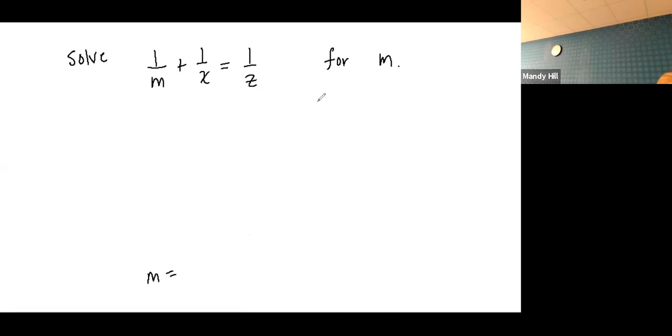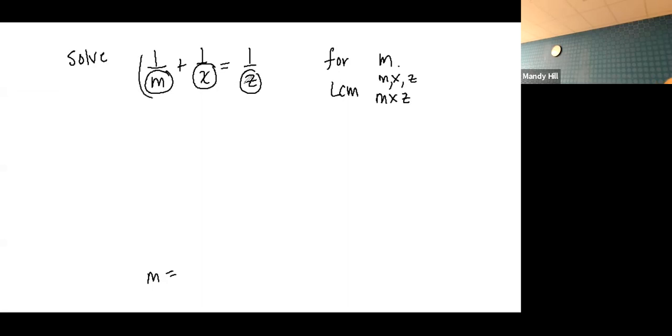I could clear out the fractions if I multiplied by our least common multiple. If we look at our bottom terms here, we have an m, an x, and a z. And I really don't want to have to deal with fractions. That might have been a good thing to do with the other problem as well. If I look for the least common multiple among these x, m, and z, then my least common multiple would be m times x times z, because I'd have to list all three of them.